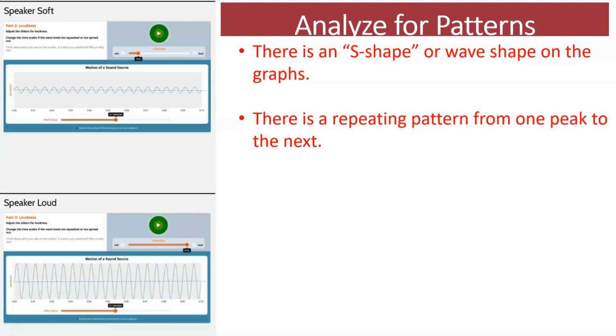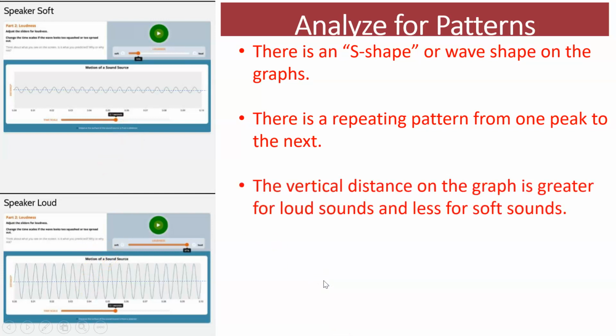Now, what was the big difference between the graph of the speaker playing the loud versus the soft sound? Absolutely. It was the vertical distance of the graphs. The vertical distance was greater for loud sounds than it is for soft sounds. And so what does that really mean? How does that connect to our phenomenon of the truck speaker?